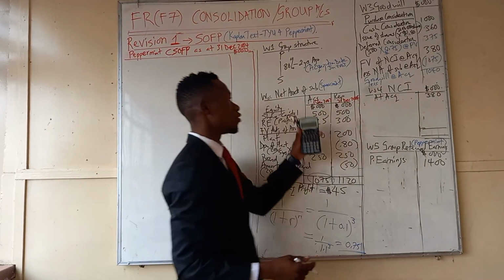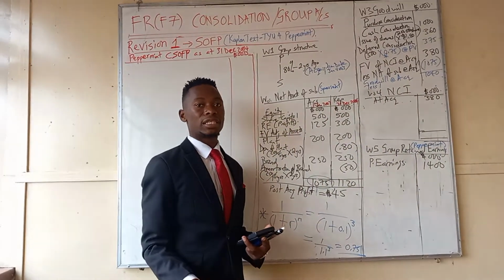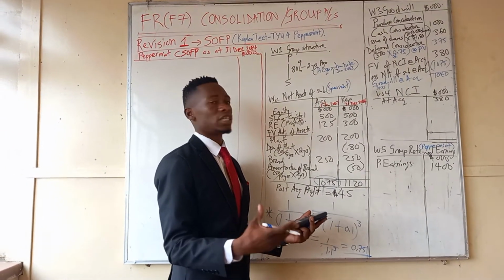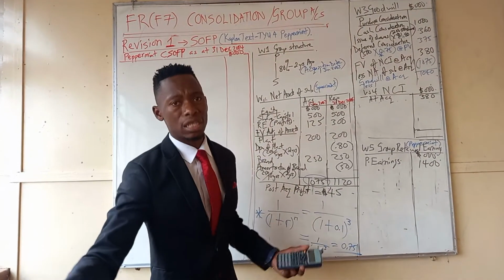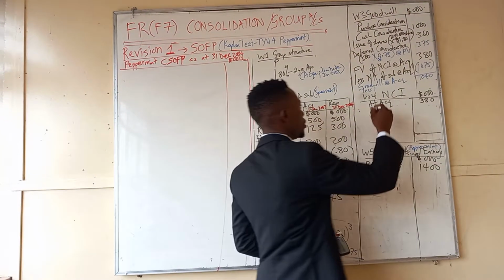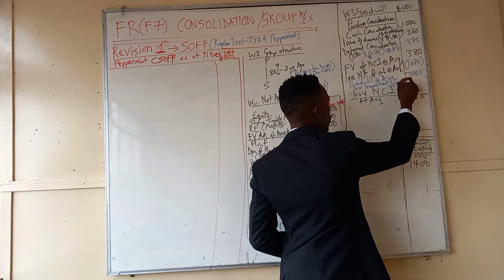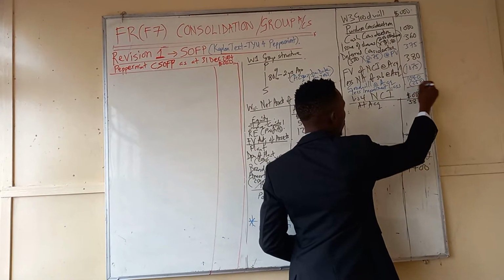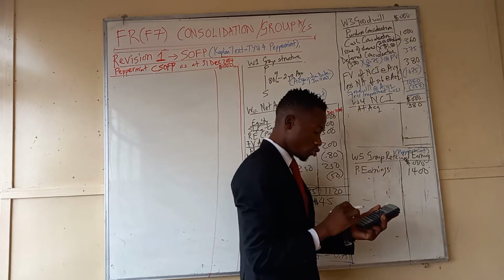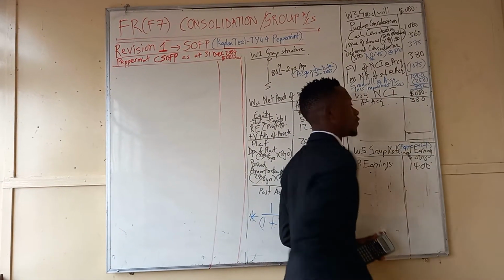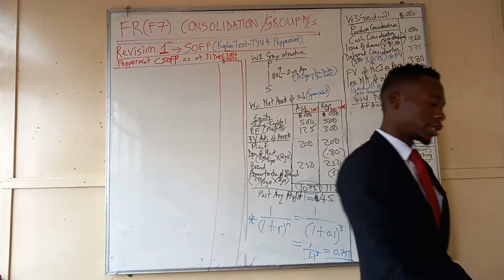At the date of acquisition, the goodwill is worth 1040, but it cannot still remain at 1040 after 2 years at the reporting date. It must be impaired. So less the impairment loss. There is an impairment loss of 258. Then your goodwill at the reporting date will be 782. I'm done with working 3.